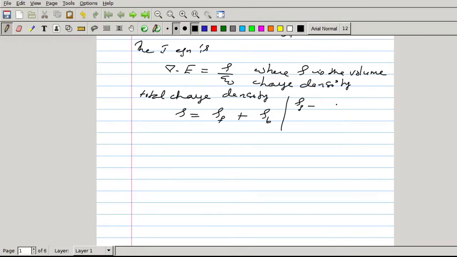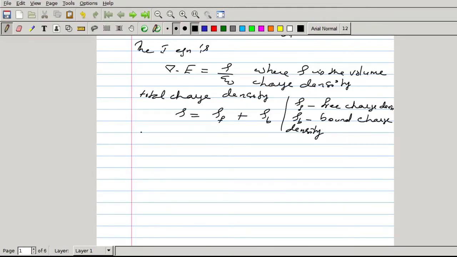Rho F represents free charge density and rho B represents bound charge density. Free charge density is due to the presence of free charges, and bound charge density is due to polarization. There will be a charge separation, and due to that charge separation we will have some charge density, represented by bound charge density.